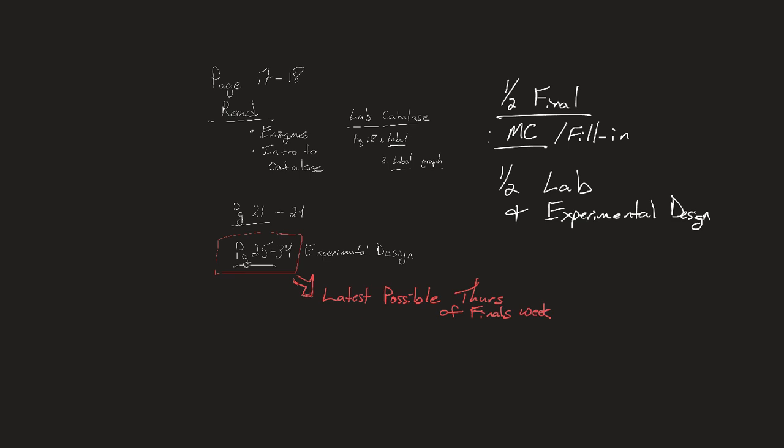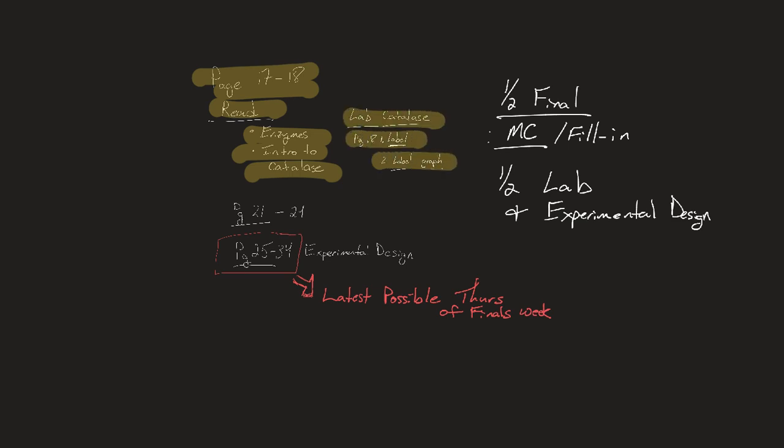I like yellow highlighter. Pages 17 through 18, read enzymes, intro to catalase, right? And label the graph and label the things that they tell you to label on number 1 and 2 on page 18. This is today.